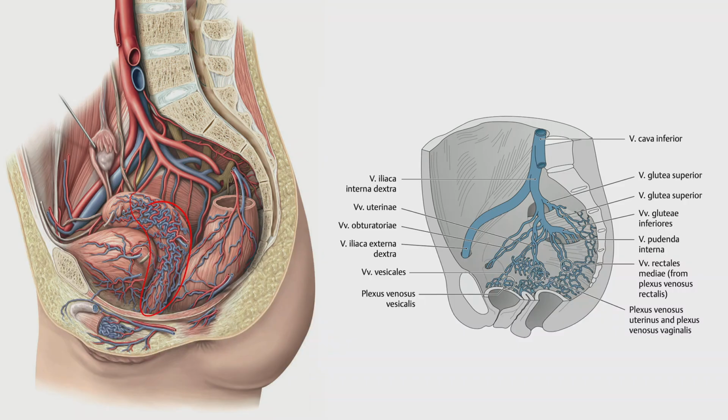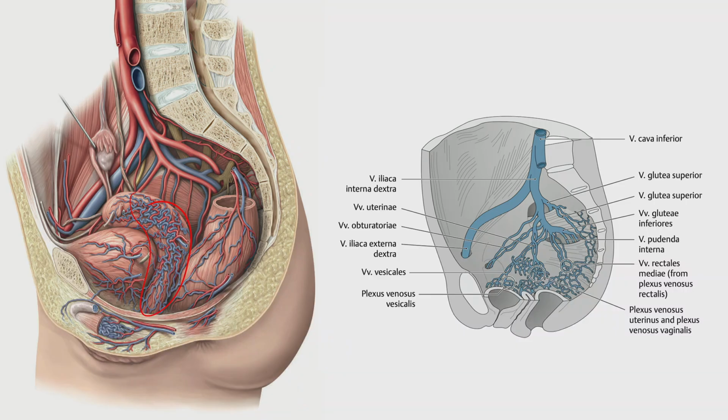Those venous plexus could be enlarged, especially in women after pregnancy, because the enlarged uterus could compress the inferior vena cava and outflow from the pelvis. Then it can be the cause of varices around the uterus, and they could be a very important source of bleeding.